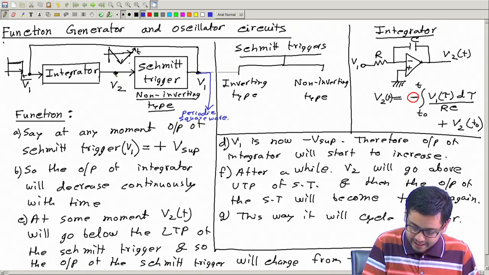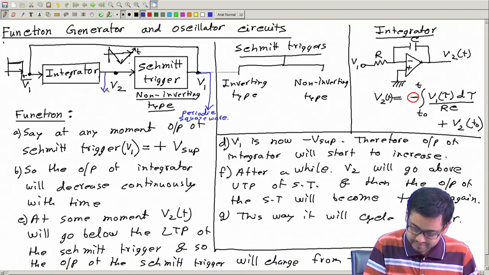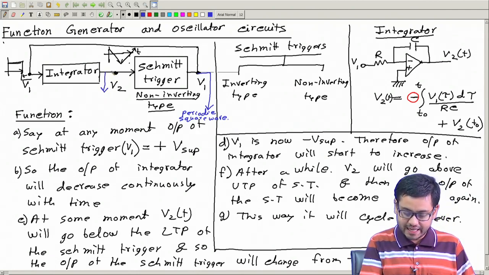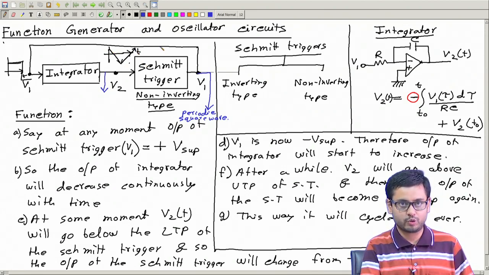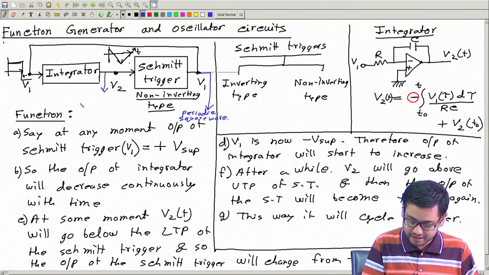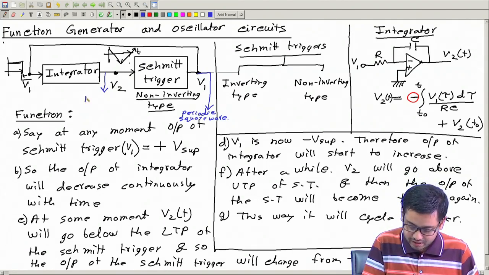And if you look at this voltage here, you will also notice that it is periodically going down, going up, and then going down, going up, and so on. So this will be a periodic triangular wave.